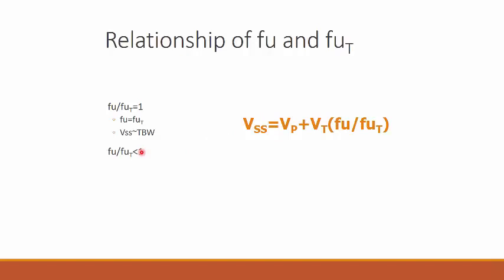Okay. So what if your fraction unbound in plasma over your fraction unbound in tissue is less than 1? What does that mean? That means that the fraction unbound in plasma is less than the fraction unbound in tissue.